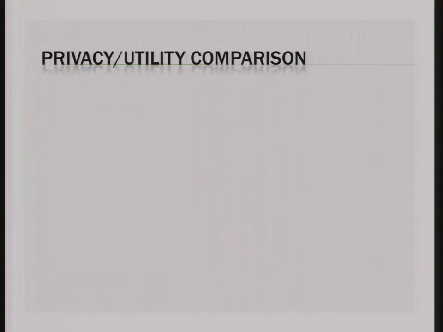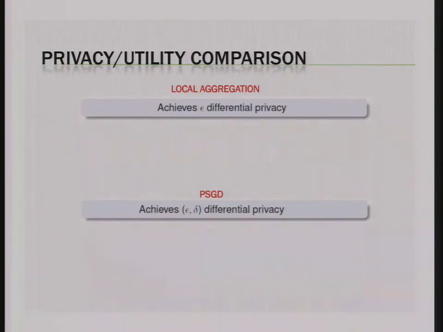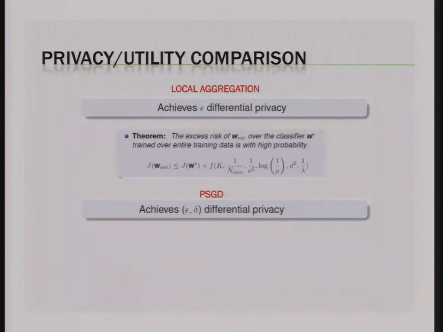Now I'm going to compare the privacy and utility guarantees of our algorithm with the simple algorithm that I stated before, which is the local aggregation, wherein you just combine classifiers from different parties. Their algorithm achieves epsilon differential privacy, but we achieve a weaker form, epsilon-delta differential privacy.